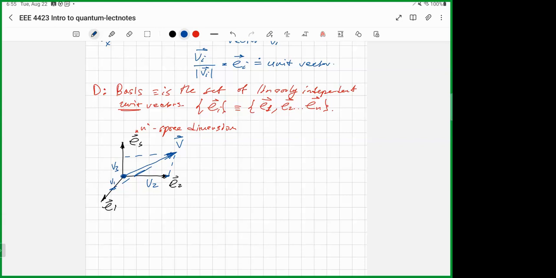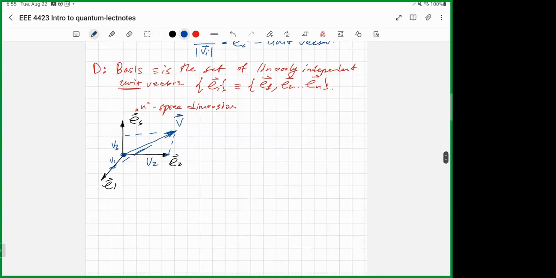But the physical quantity, this v, won't change upon these rotations. So the components of the vector depend on the basis, but the vector doesn't. And this is exactly why we bring this concept of vectors to the analysis.